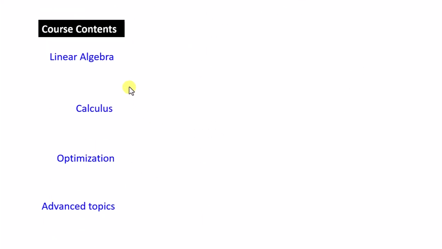In this course, as I have already mentioned, we will have some discussion on linear algebra, something from calculus, something from optimization, and then at the end of the course, we will discuss a little bit of advanced topics. In the linear algebra, we will primarily focus on linear solvers.